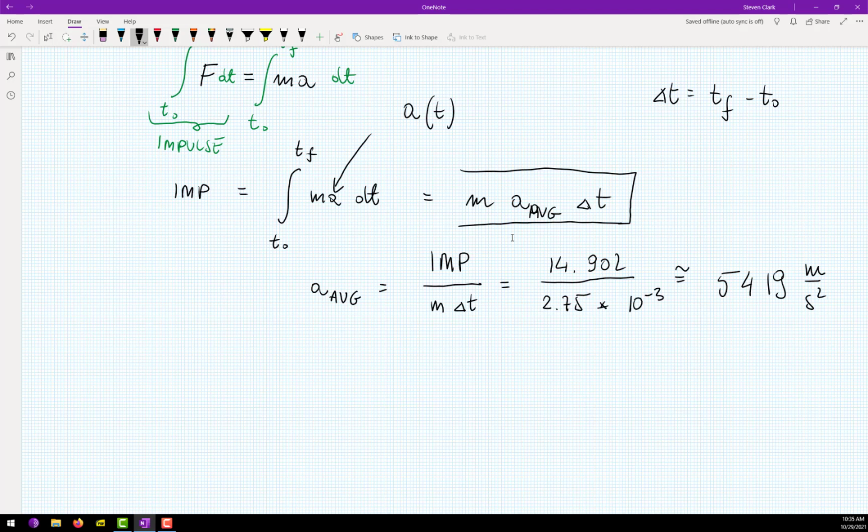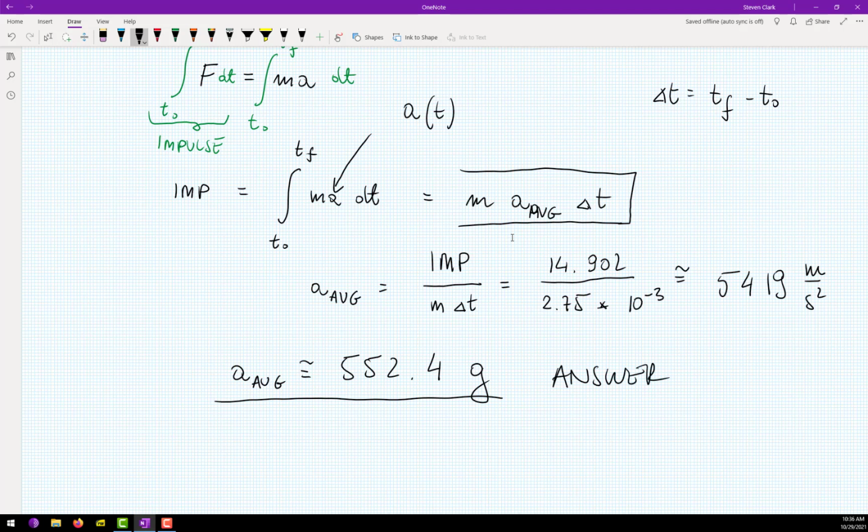Some of you might think that this is the answer. It's not the answer because they told us to express this one in terms of g. So the actual answer is a average is equal to 552.4 g. This is the answer. I would accept two answers, to be honest.